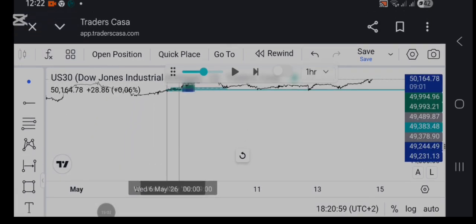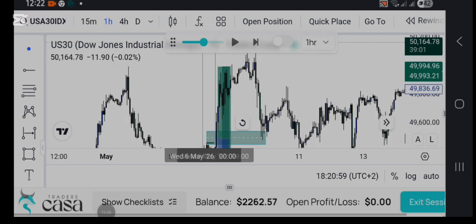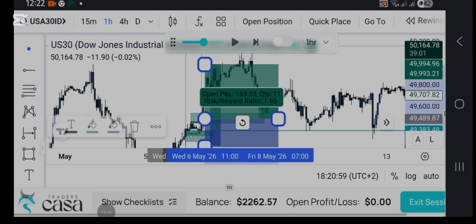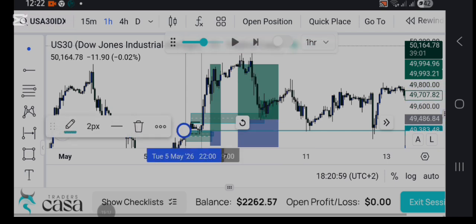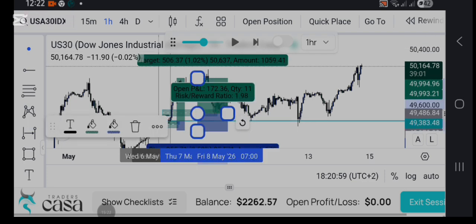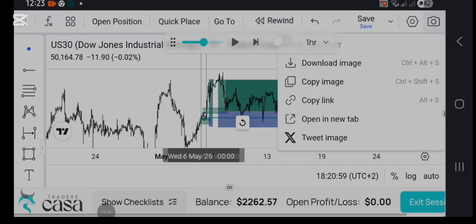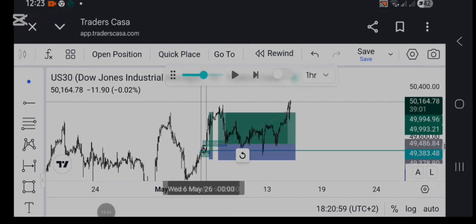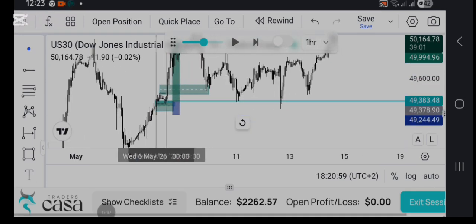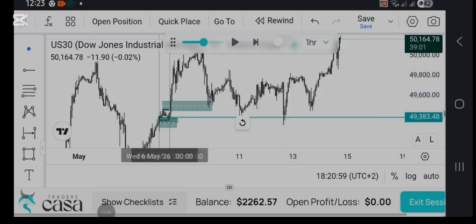So let's quickly go to the 1 hour time frame. We're just going to move this. Remember, like I said, on our first position we are always going to get drawdown. So I'm just going to do that, and I'm obviously going to take a picture, boom, so that I can put this in my trading journal.